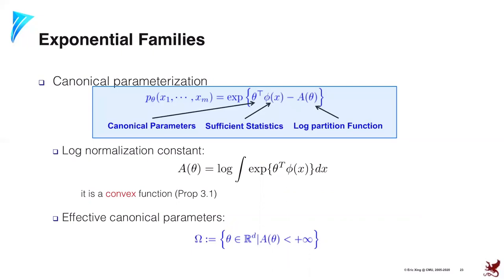And we should note that whatever the distribution p theta is, the log partition function A theta is always a convex function. This can be proved by its Hessian matrix. And there's also a constraint for the domain of the effective canonical parameters: the value of the log partition function A theta must be finite, like this.